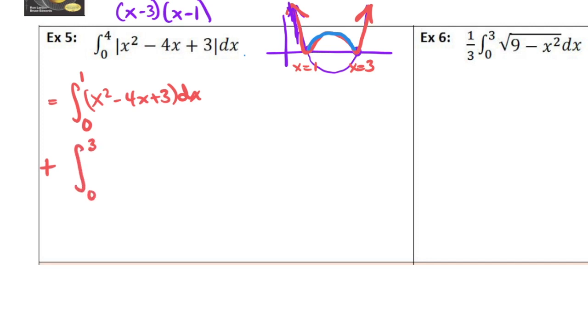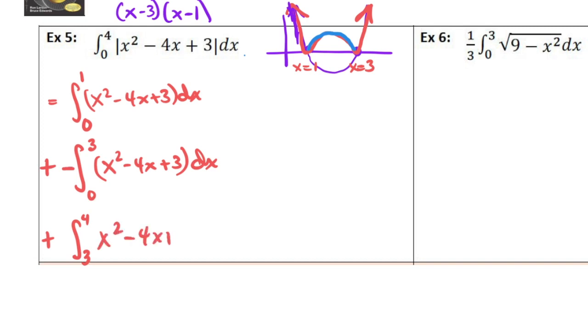So we're going to go from 1 to 3, and we want the negative value of x squared minus 4x plus 3, and here's your dx. And then for that third part, we're going to use the original function again. We're going to go from 3 to 4 of x squared minus 4x plus 3 dx.